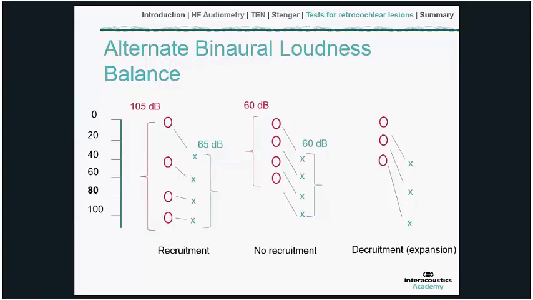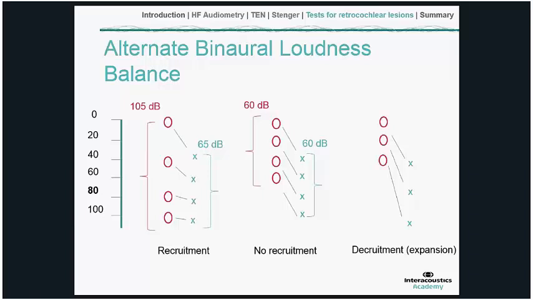So there's no recruitment here. This is a 60 dB dynamic range. There was an asymmetrical loss because, for example, the same loudness for a sound just above threshold here, let's say that was 0 or 5 dB, was only achieved in the suspect ear at an intensity of about 40 dB or so.